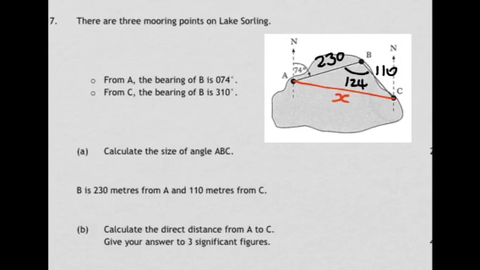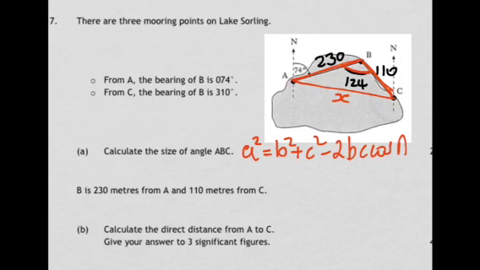Okay, when we have that situation where we have that side and the angle between them, then that's a giveaway that it's going to be a cosine rule question. So it's A squared equals B squared plus C squared minus 2BC cos A, and that's for part B. So just stick those numbers into that formula.